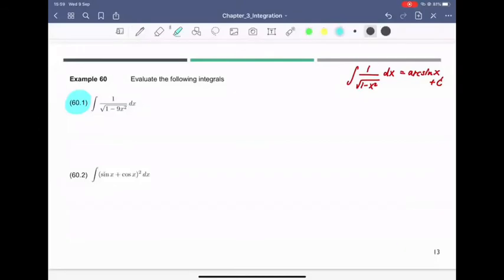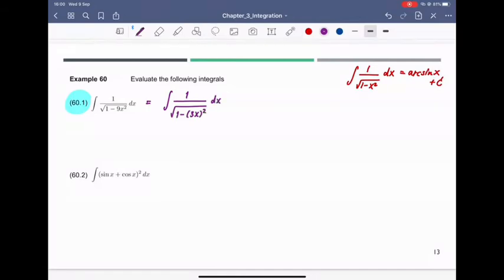However, I have 9x squared here. Somehow I need to adjust my integrand so I can match with my formula. That is not hard. So I'm just going to say this is the integral of 1 over square root of 1 minus (3x) squared.